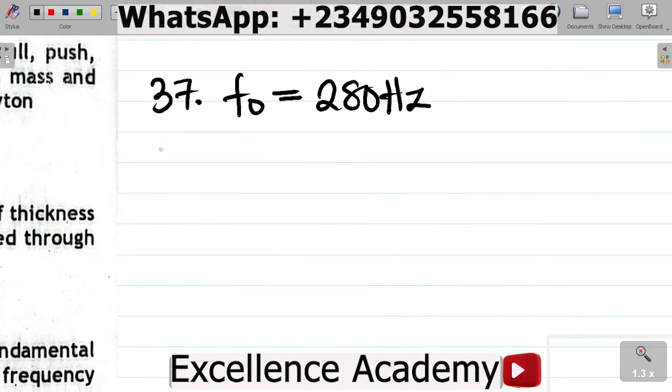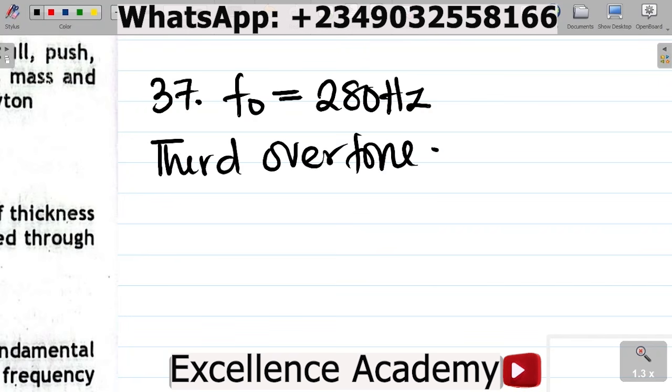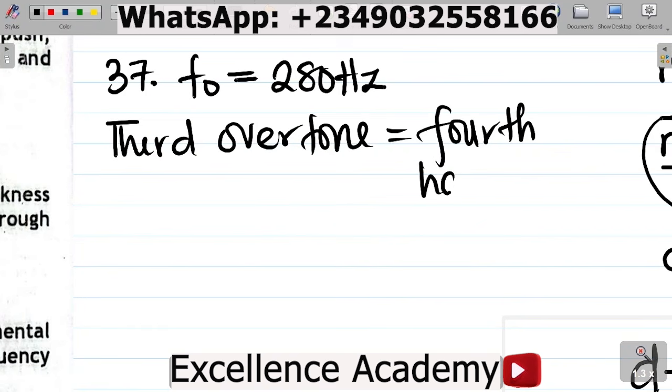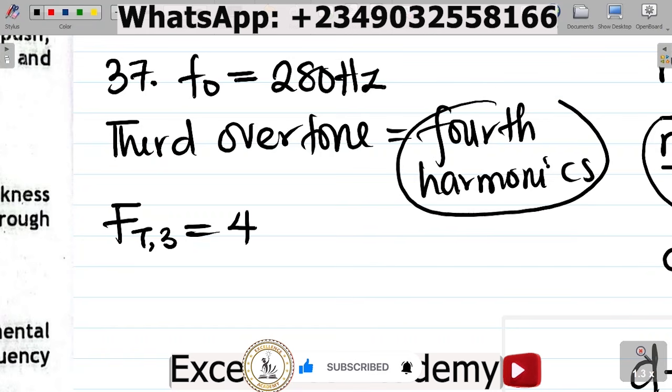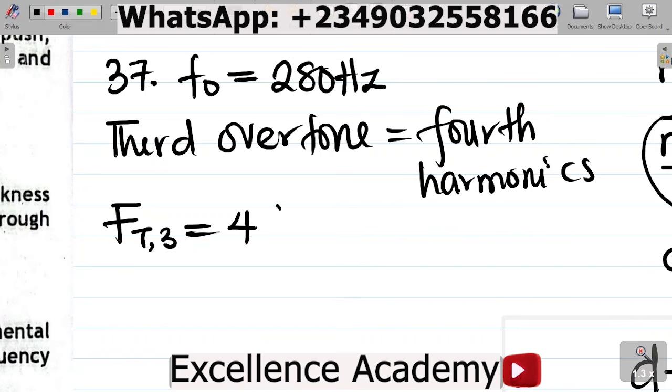So you want to know that the third overtone is also called the fourth harmonic. Let's call the third overtone FT3. This is equal to 4 times, as it is the fourth harmonic. So it becomes 4 times the value of F naught.